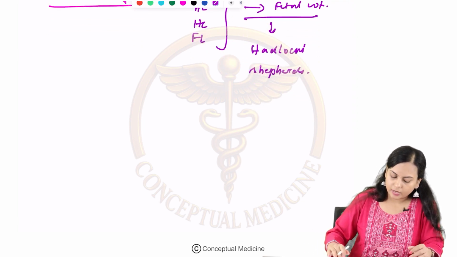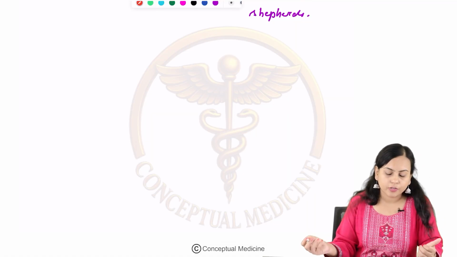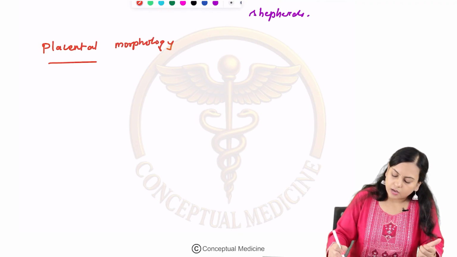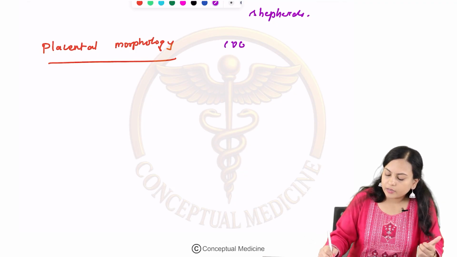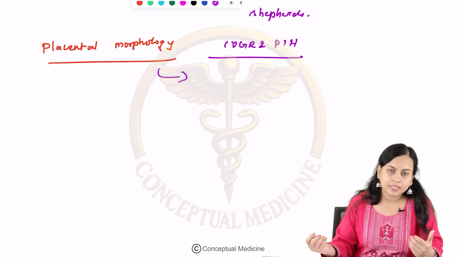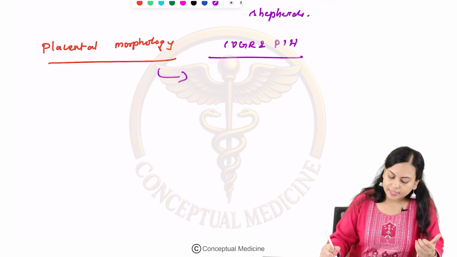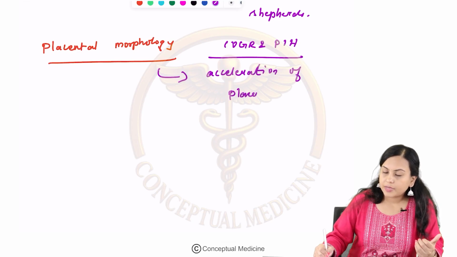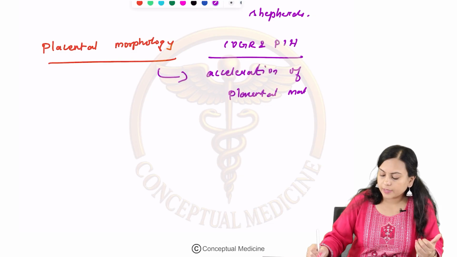Clear? Okay. Now, we will see the placental morphology. So, when you take the placental morphology, in IUGR and PAH, the placental morphology can be seen in the later stages because there is an increased rate of acceleration of placental maturity.